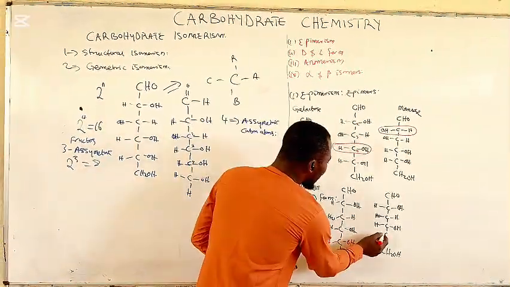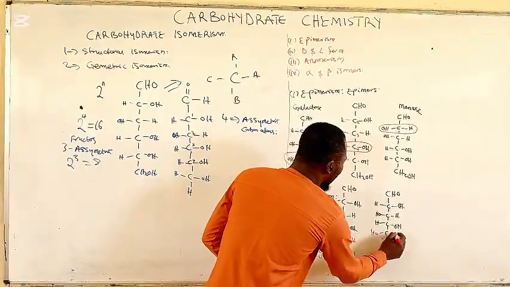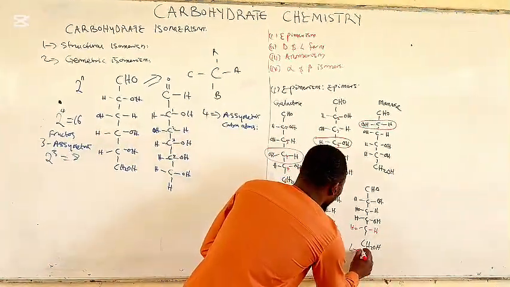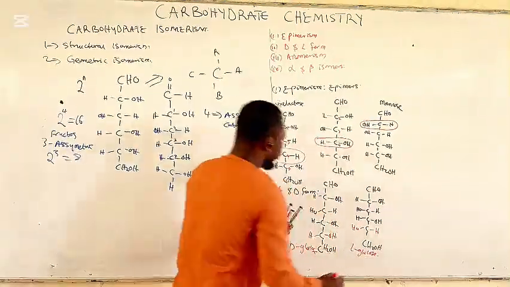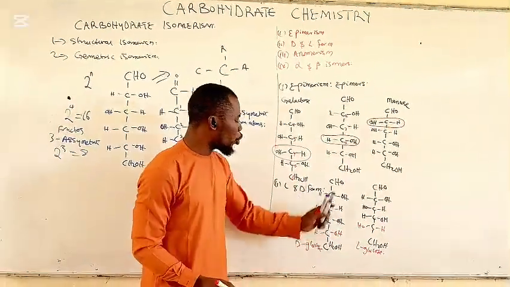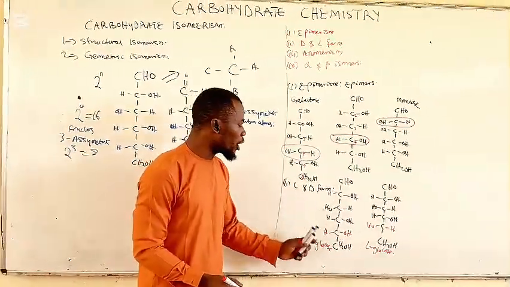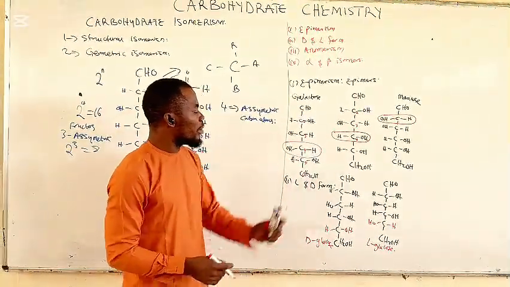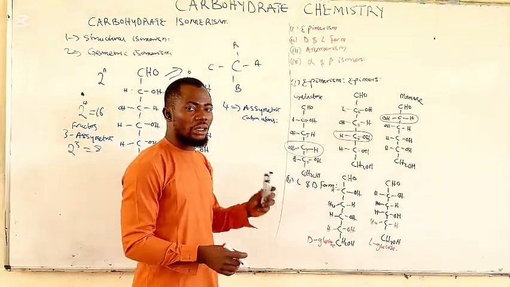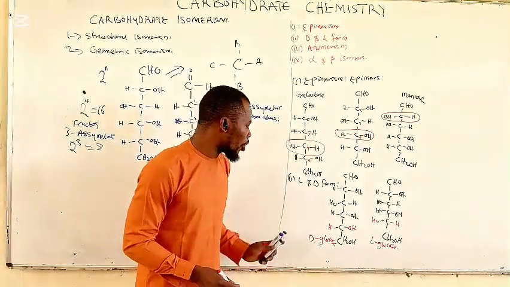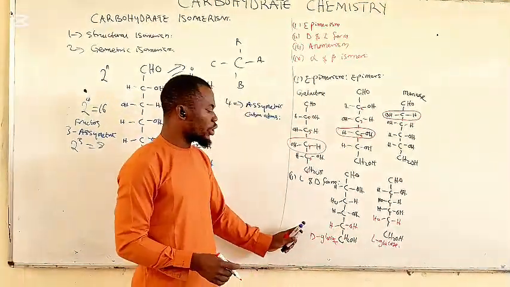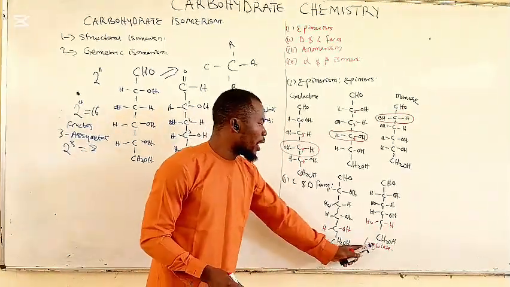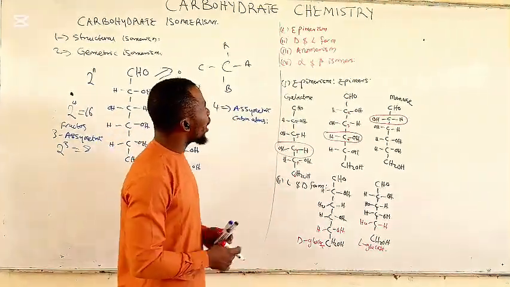But if you orient our OH to the left, like this one, this is L glucose. So L and D forms only differ due to the orientation of the OH at the asymmetric carbon atom which is farthest away from the carbonyl functional group. If the OH is oriented to the right, it will give you D isomer, but if it's oriented to the left, it will give you L isomer. That is on L and D form.